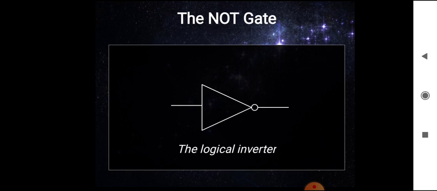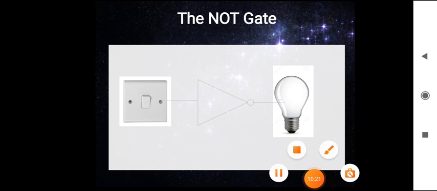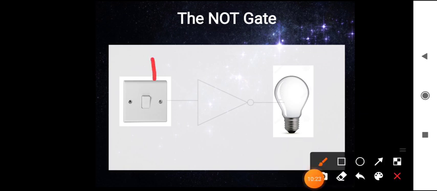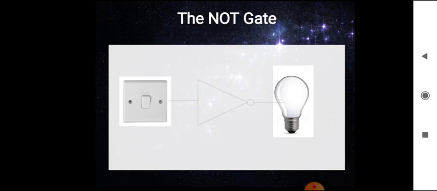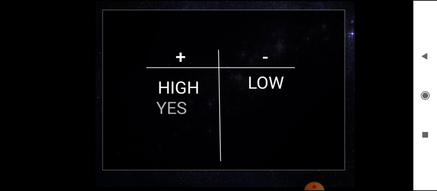So see here, suppose I am giving 1 input, I will get 0 output. Suppose I am giving 0 input, I will get 1 output.